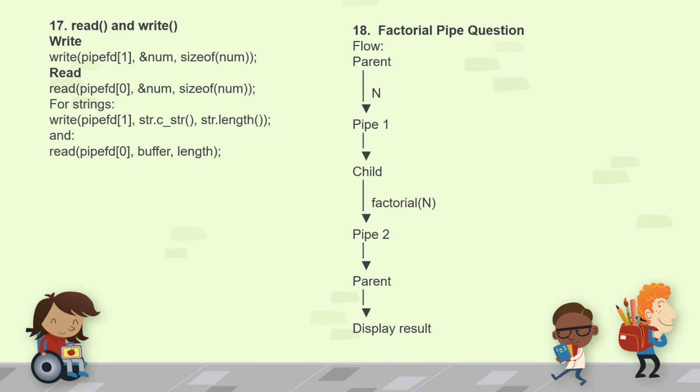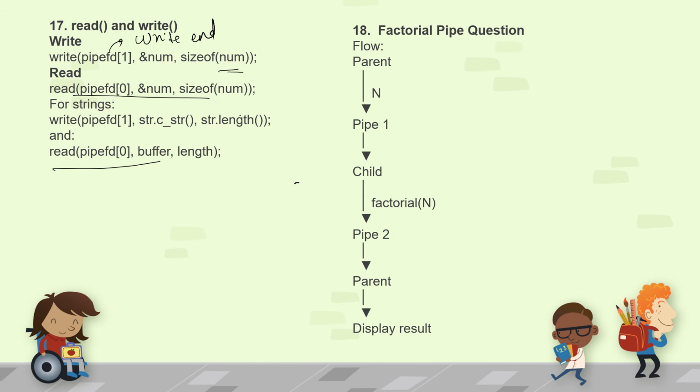Now this is the read and write syntax. So write takes pipe FD of 1. Similarly, read for strings and for your normal int processes. Basically, pipe FD of 1 denotes the write end of the pipe, and FD of 0 shows your read end. Now this is the memory address and the size.